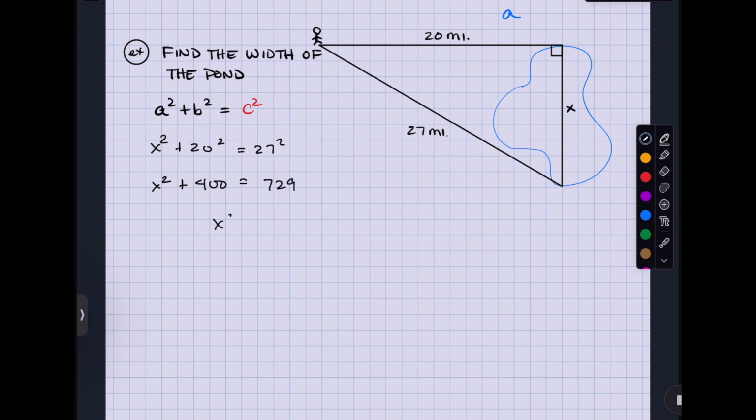So she said x squared is equal to 329. Then she took the square root of both sides. So she said x is equal to 18.14. What's the label on that? Miles. Awesome.